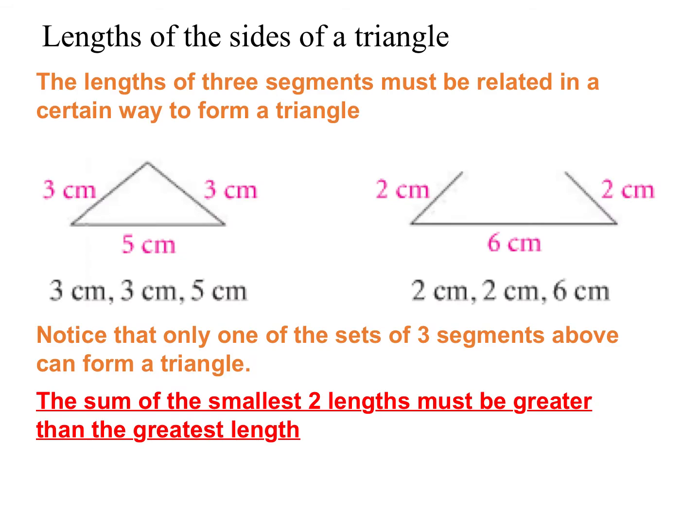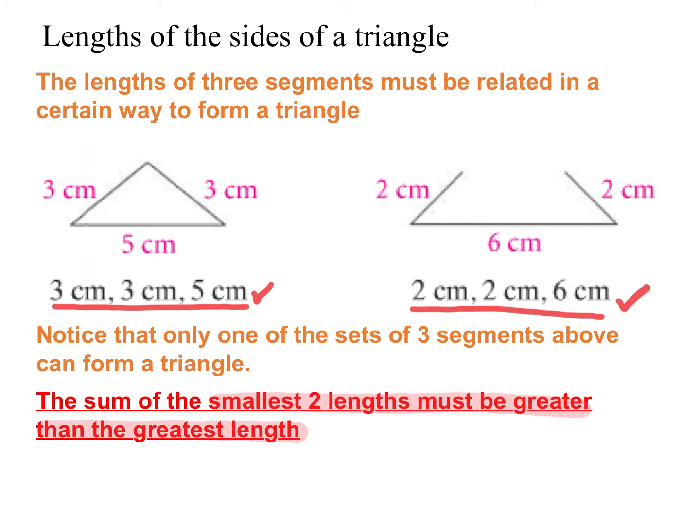Now the next property says that the lengths of three segments must be related in a certain way to form a triangle. What we can see from looking at this example is that 3, 3, and 5 make a triangle. However, 2, 2, and 6 do not make a triangle. The reason being that the two smallest lengths must add to be greater than the greatest length.